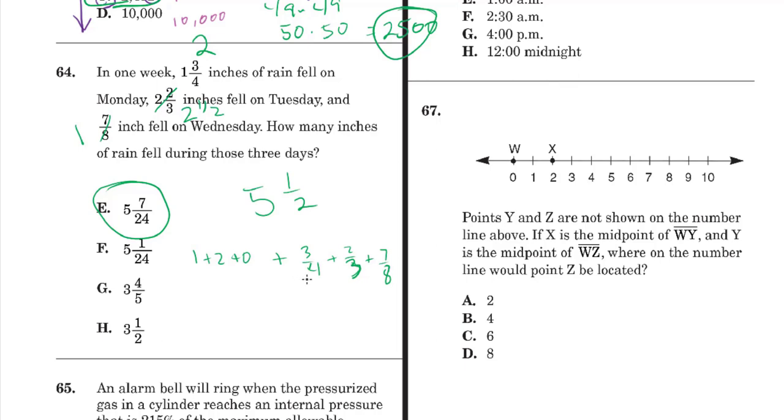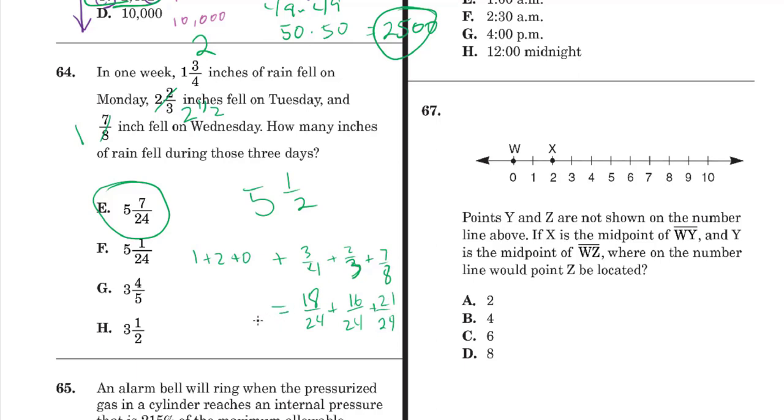So 3/4 expressed as an equivalent fraction over 24 is going to be 18/24. Plus 2/3 is 16/24. Plus 7/8 will be 21/24.